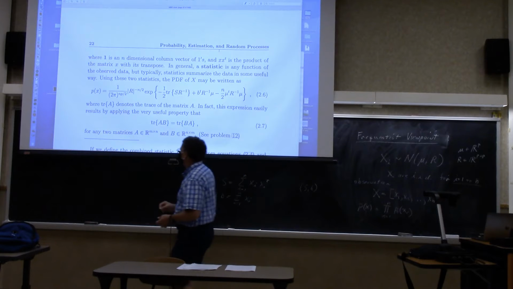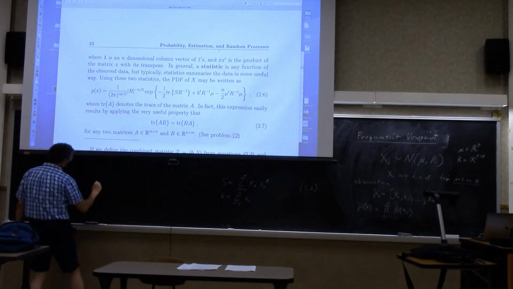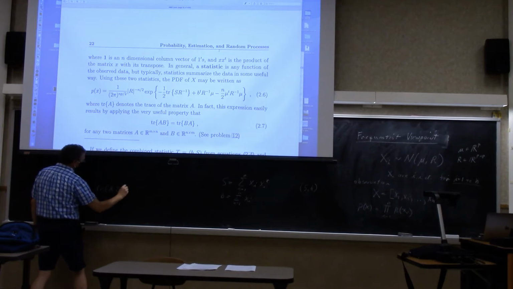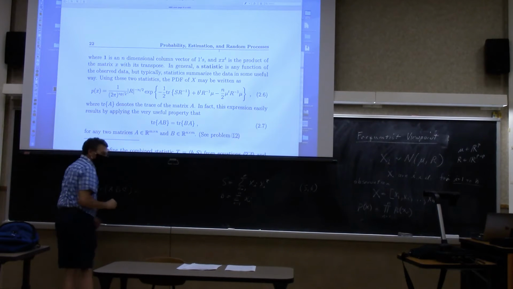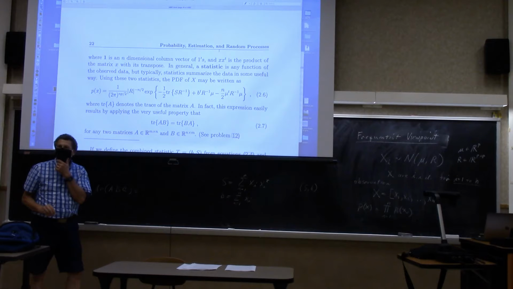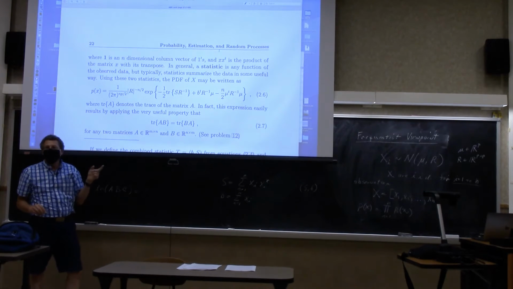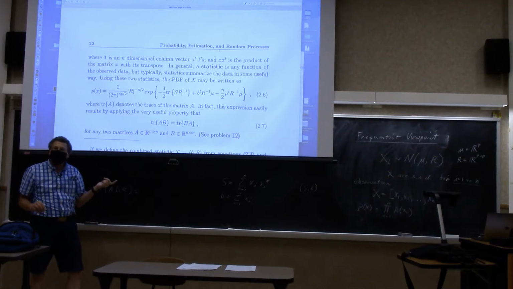Mainly you need a useful identity, which is that the trace of ABC... First of all, everybody knows what the trace is? The trace is the sum of the diagonal elements of a square matrix.